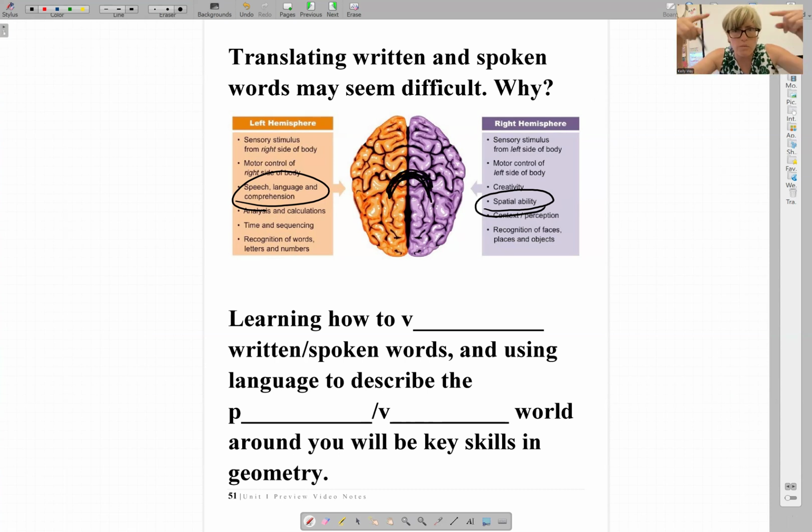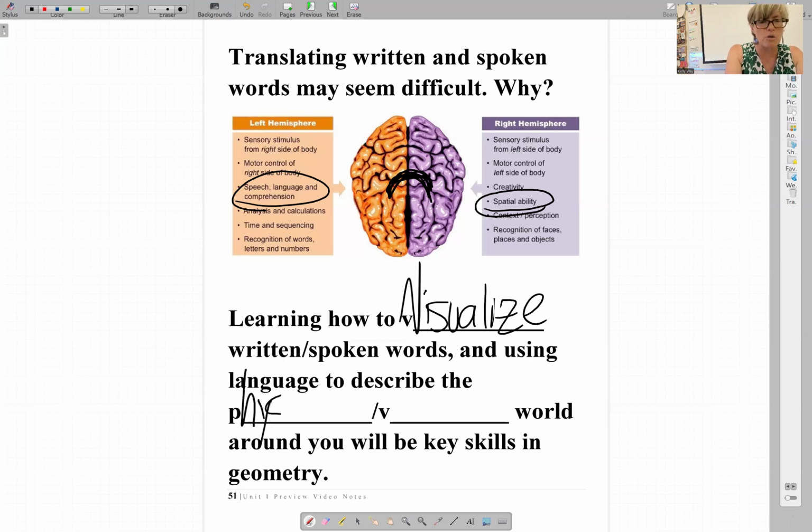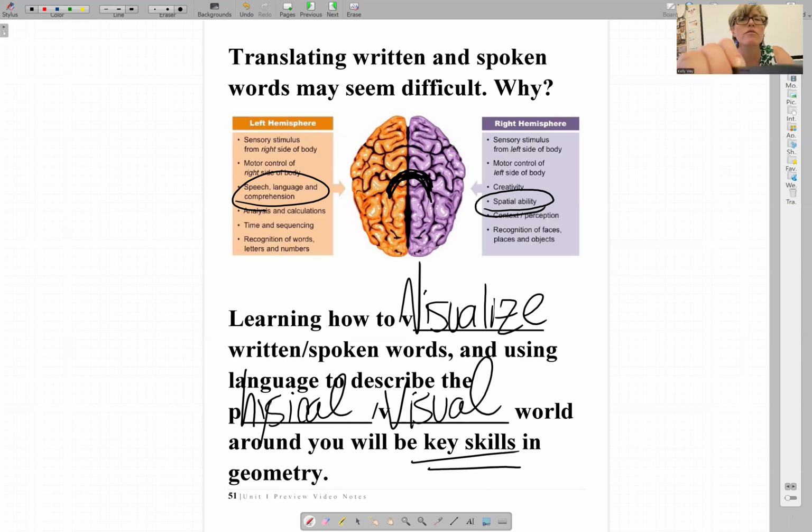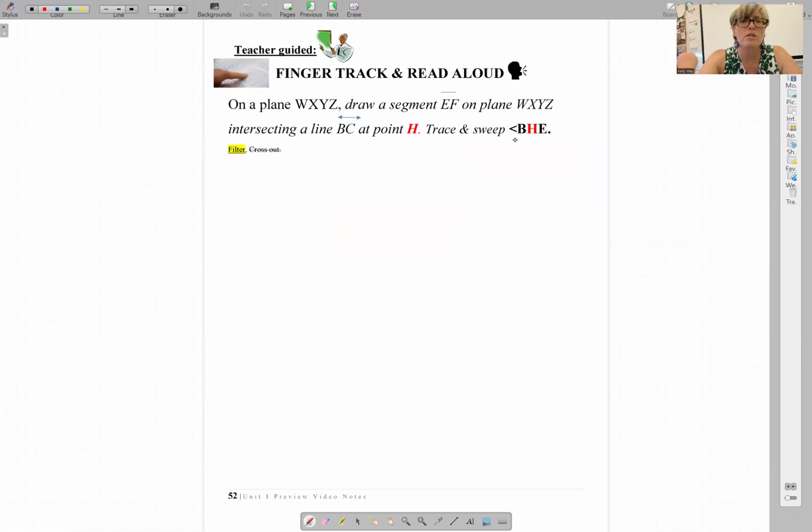It's like the superhighway between the two brain halves. So when you're taking words and making pictures out of them, you're using more brain cells than you're used to using. That's why geometry is so very powerful, because you're going to learn how to visualize written and spoken words using a language to describe the physical and visual world. They're going to be key skills in geometry, very key skills.